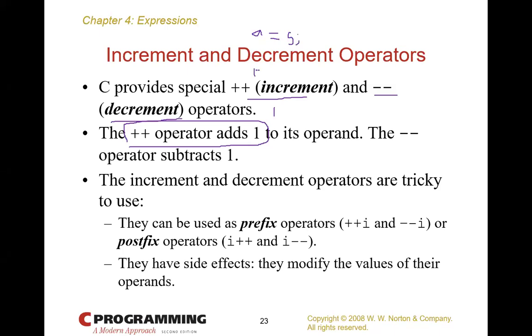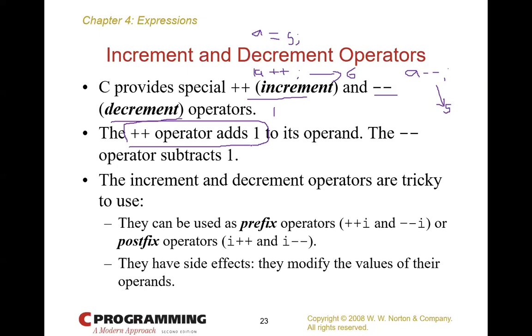If in the next line we have a++, after this line, a becomes 6. This is the increment operator. It adds 1 to it. After this line, if I say a--, then a becomes 5 back.